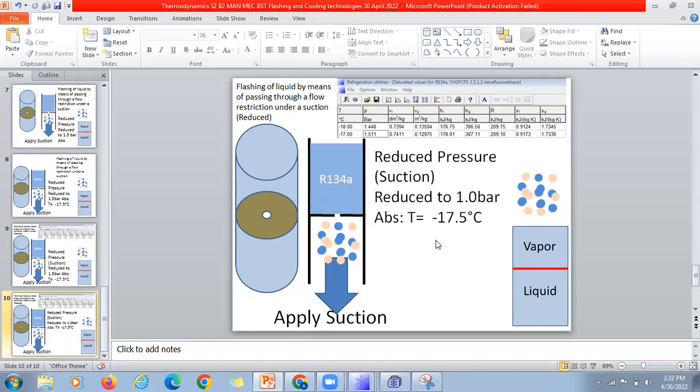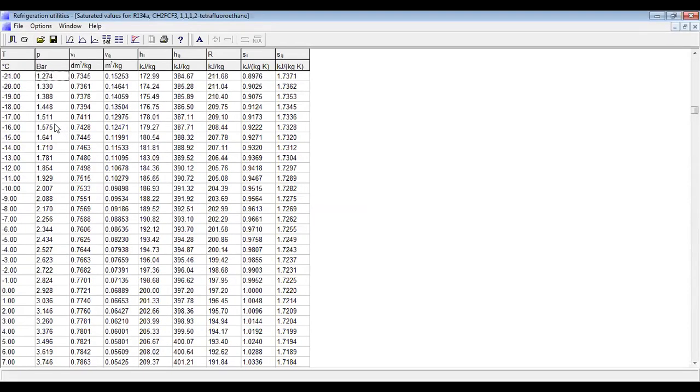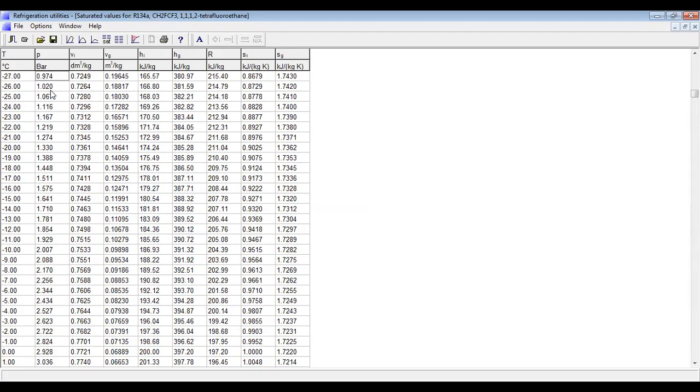Now what is the temperature? At 1 bar you have 1.020 and 0.974, so minus 26 to minus 25.